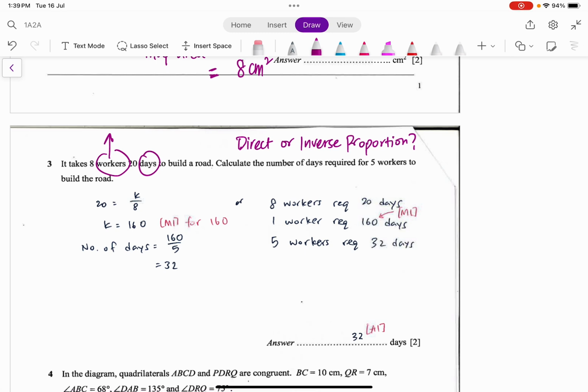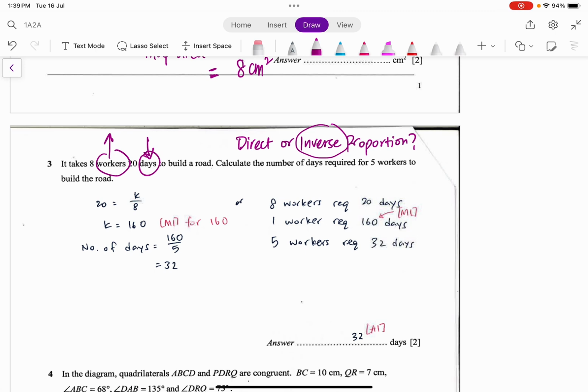More workers, the same road, do I need more number of days or fewer number of days? Less days. If I have more workers, fewer days. If I have fewer workers, more days. So this is the case of inverse proportion. When one goes up, the other one comes down.